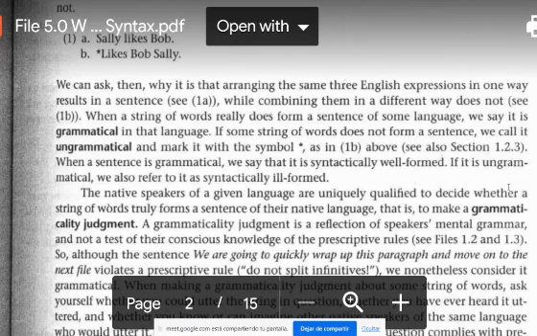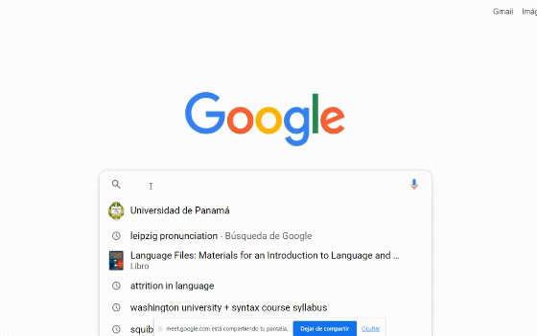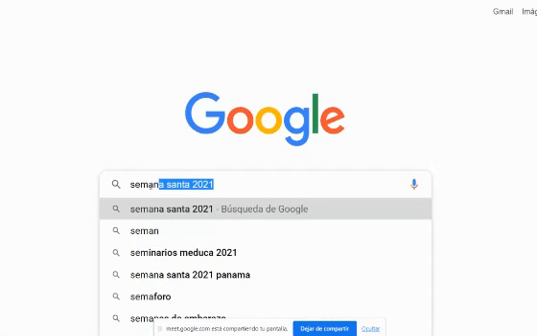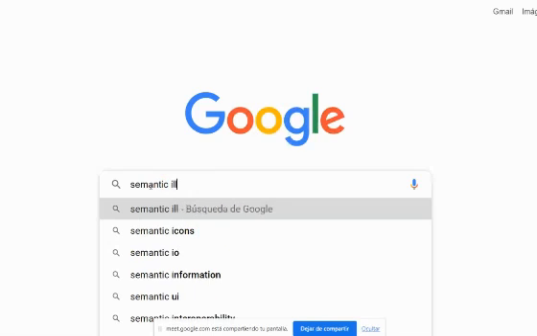When we have a sentence that is syntactically well formed, we don't use that symbol. But when it is syntactically ill formed, we use that symbol. But what happens if we have a sentence that is semantically ill formed?